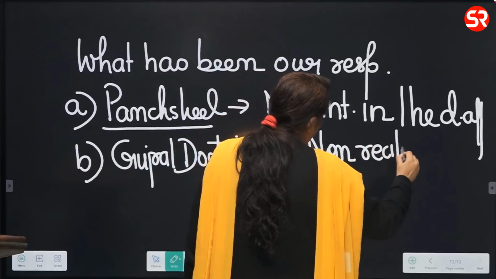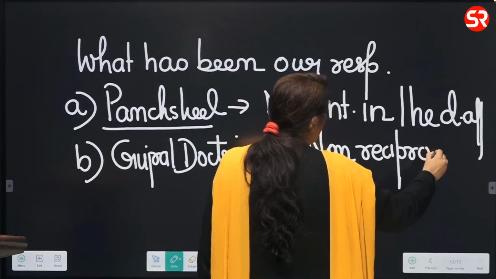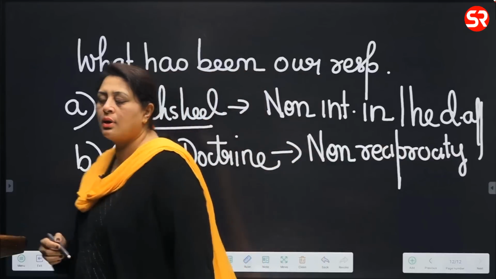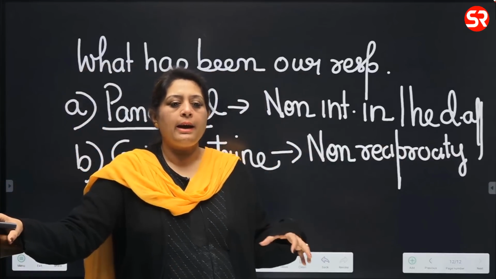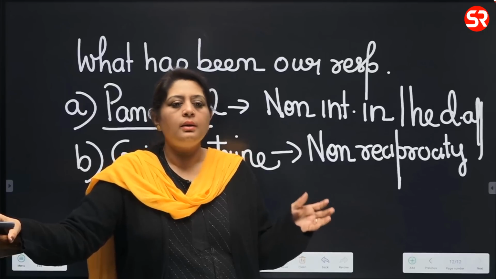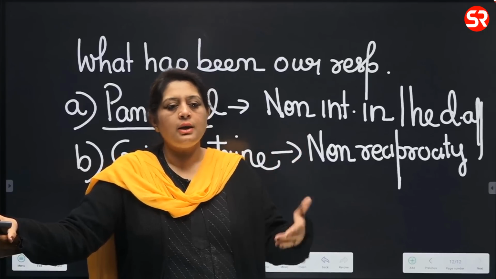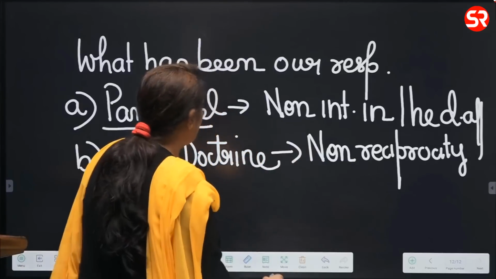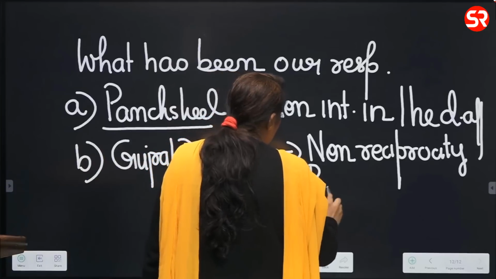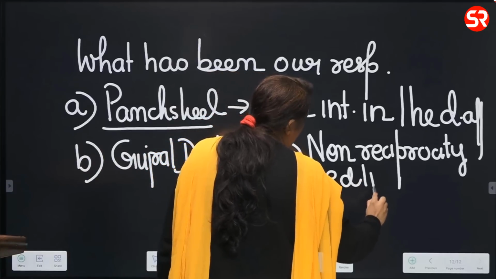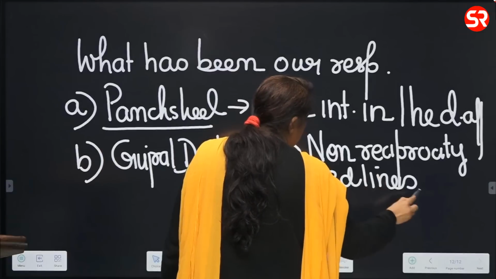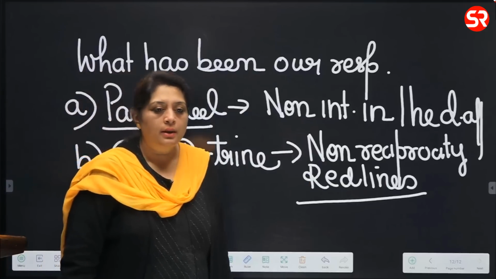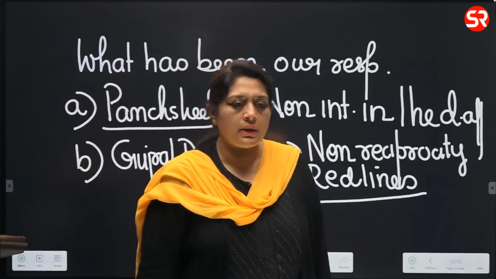We should go for non-reciprocity, subject to the conditions. We have certain guidelines, or we draw certain red lines for our neighbors, that their land should not be used for conducting anti-India activities.